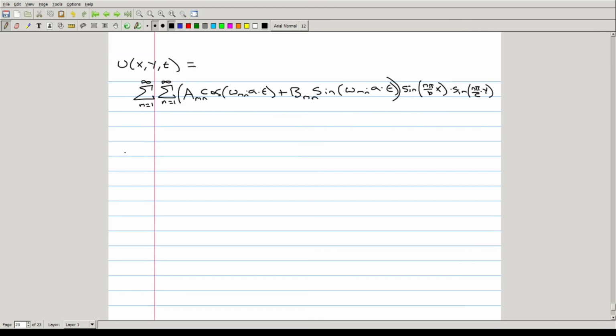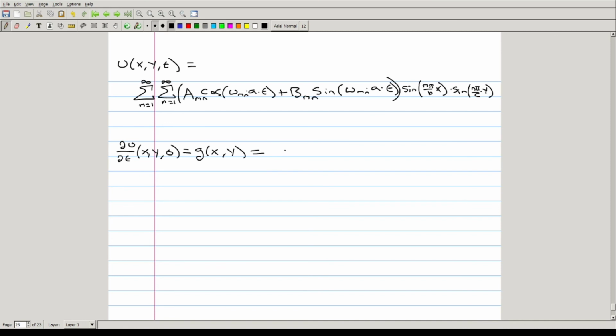And when we do this and plug in 0, you know that this is going to be equal to the initial condition for the time derivative u_t at every single point (x, y), which is the function g of (x, y).